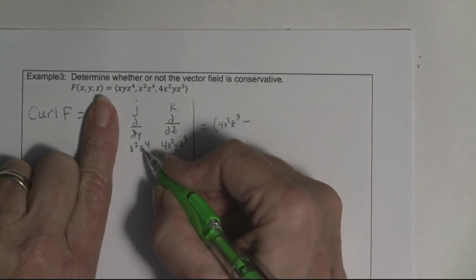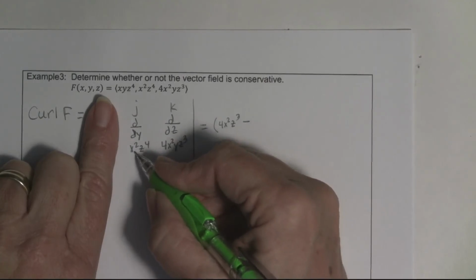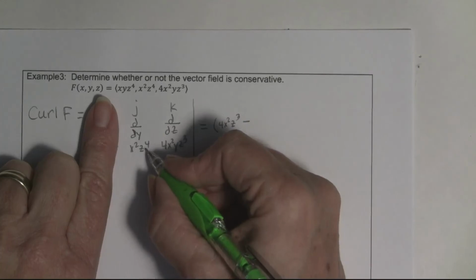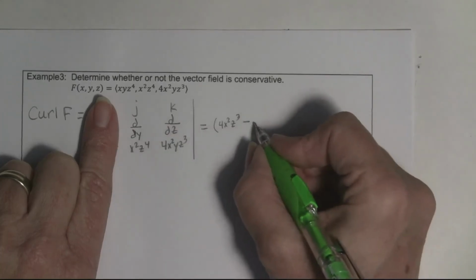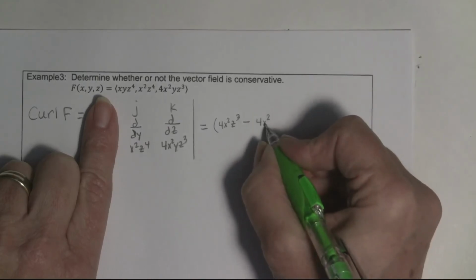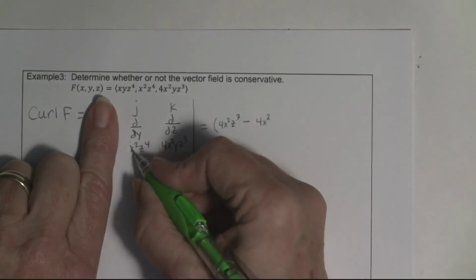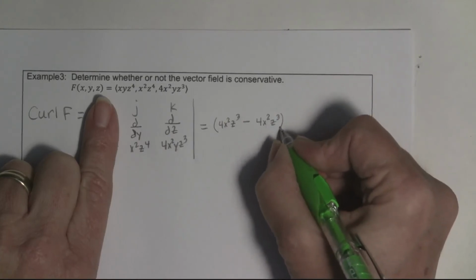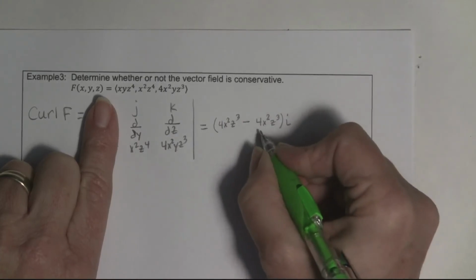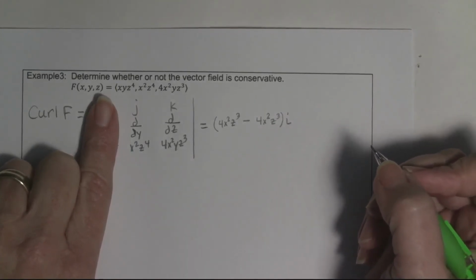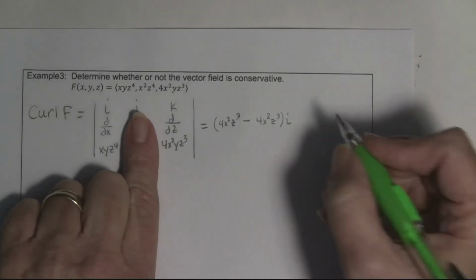And then here with respect to z, x squared is a constant, and so the 4 on the z would come down in front, right? So this is going to be 4x squared z cubed. And so you can see that that part's 0. Now, all 3 parts have to be 0 for it to be conservative. So we'll move on to the next part.